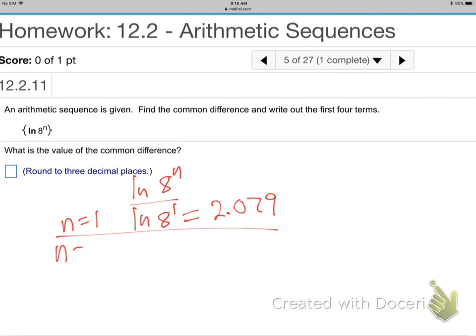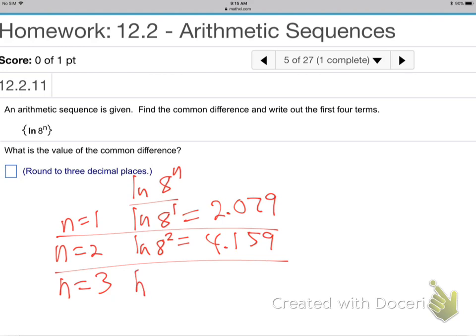And then we do n equals 2. Natural log of that is going to be 4.159 if you round to 3 places. N equals 3 would be natural log of 8 to the 3rd. Whoops, what am I doing?